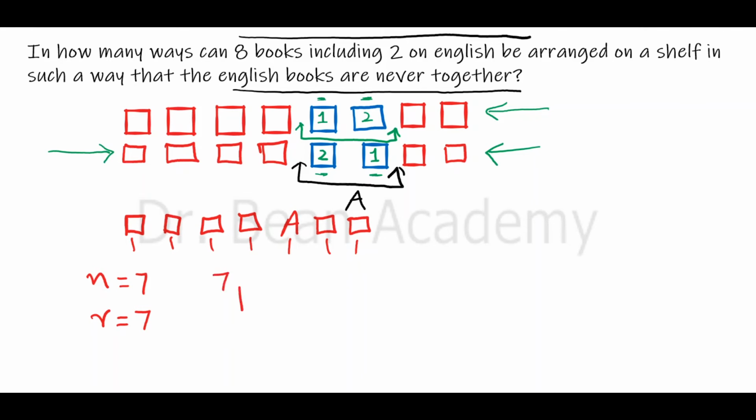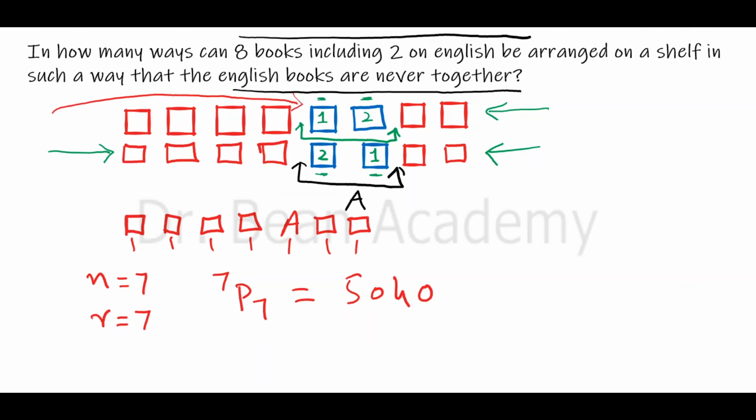So 7P7 equals, let me see my calculator, 7P7 equals 5040. So 5040 permutations I can make when the 2 English books are together in one configuration. Suppose this one.